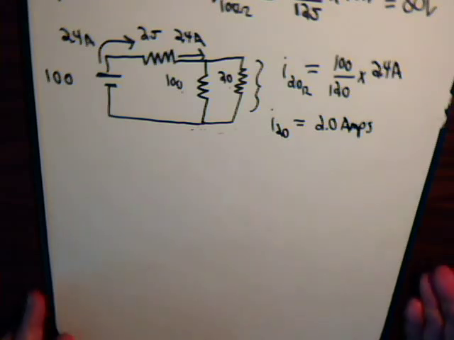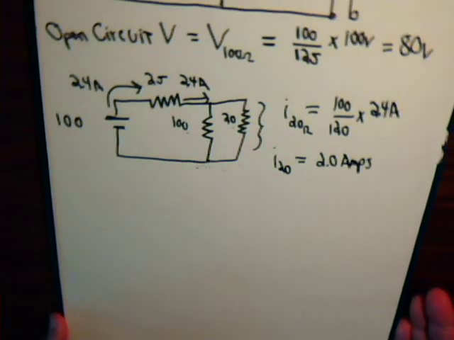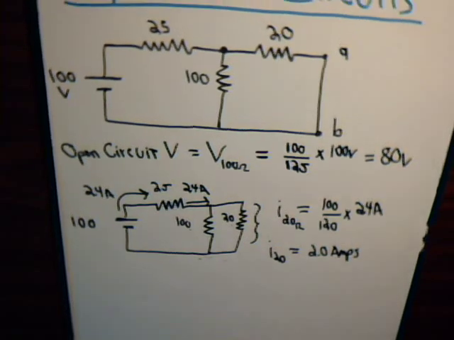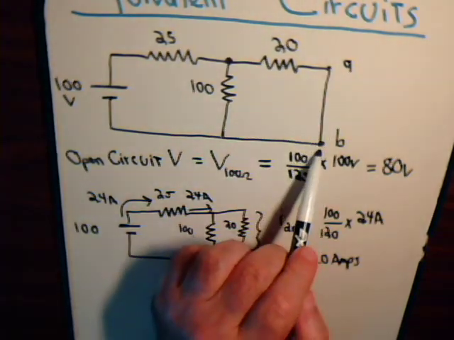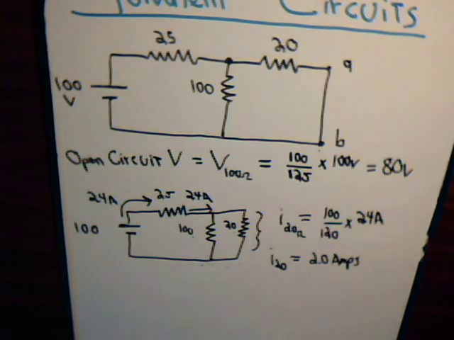Okay, now let's go back then to our original circuit. That then means that when we put an ammeter across here, we're going to determine a closed circuit current of 2 amps.